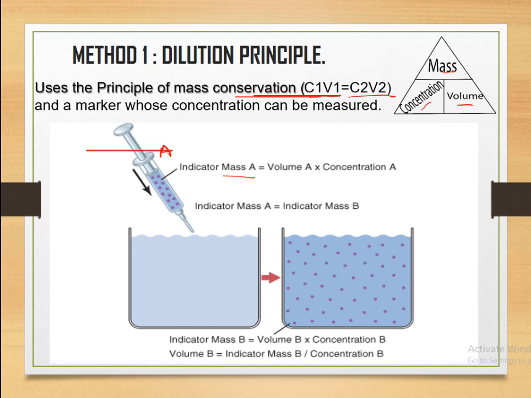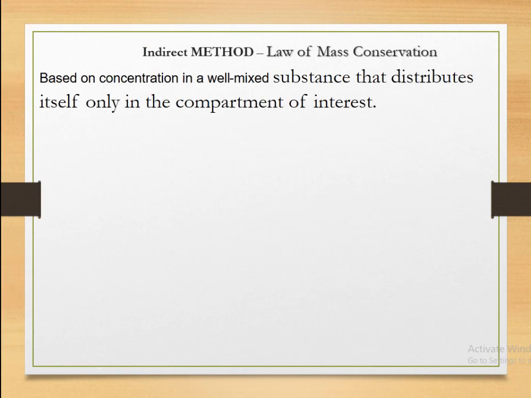You're going to understand more when I explain it. The other way we can use is the indirect method, which is also based on the law of mass. That one was direct, but this one is indirect.